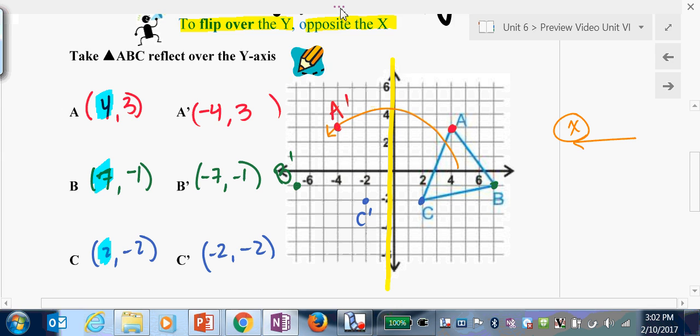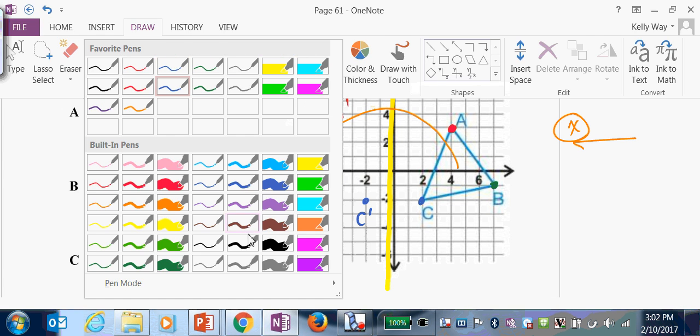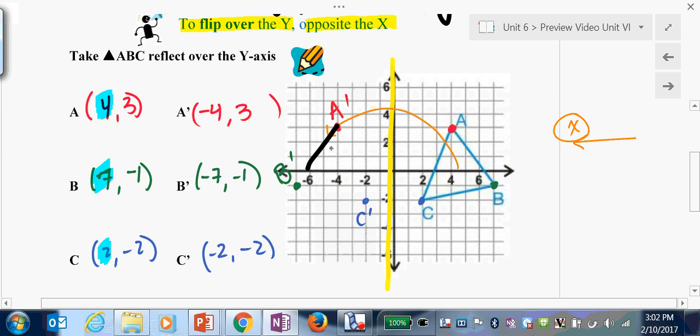And that's C prime. Connect. And you're going to have yourself an exact mirrored image, and it's mirrored across the y-axis. So to flip over the y, opposite the x.